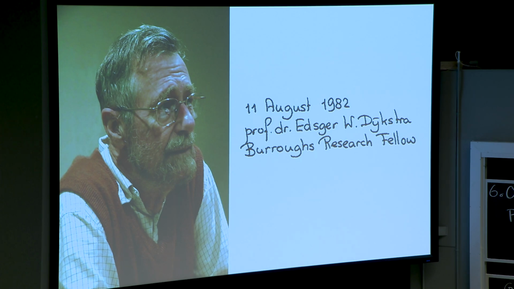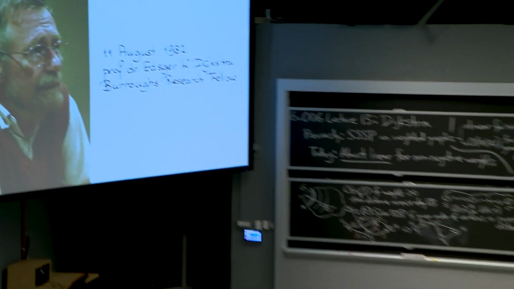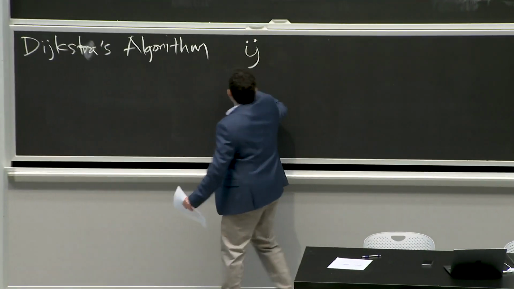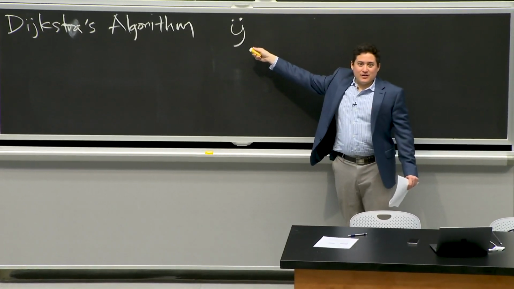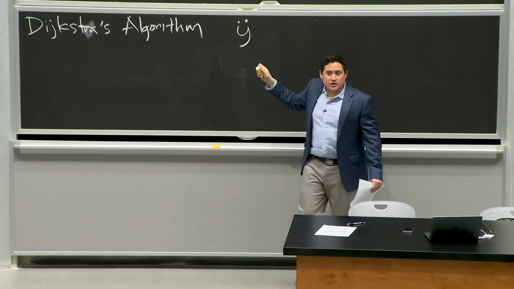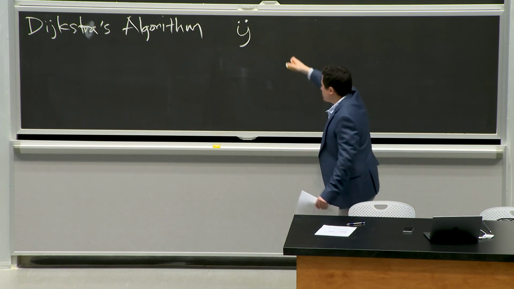But maybe I didn't spell this right, because when he writes his name, he writes it with a Y with a dash over it. So in reality, on a Dutch typewriter, you might have a character that looks like this, Y with an umlaut on top of it.